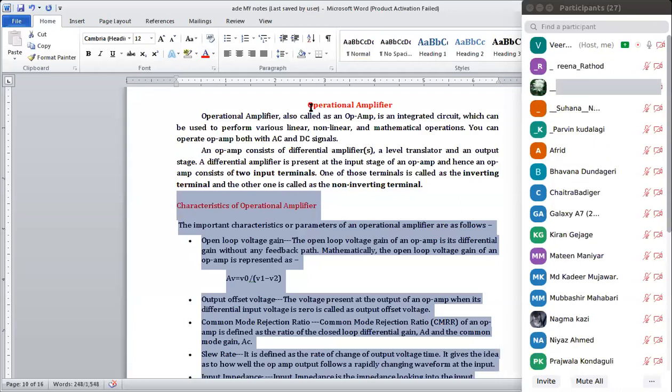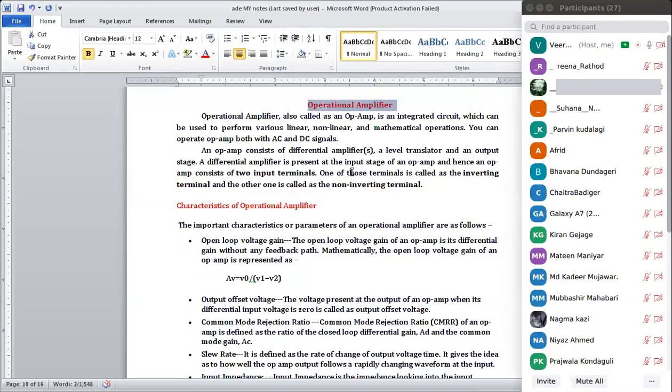So basically, operational amplifier is an integrated circuit. Now, what do you mean by integrated circuit? Integrated circuit is nothing but many components, many units comprised in a single chip to produce the output based upon the input signals.